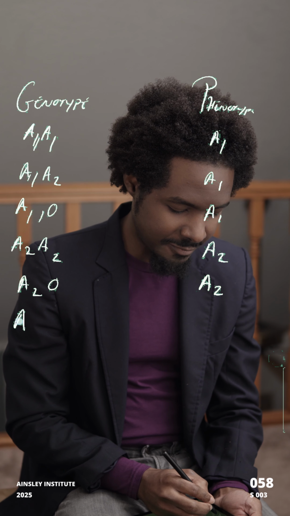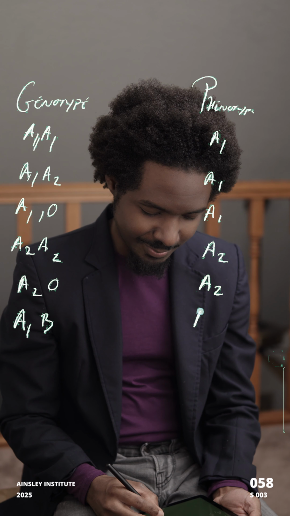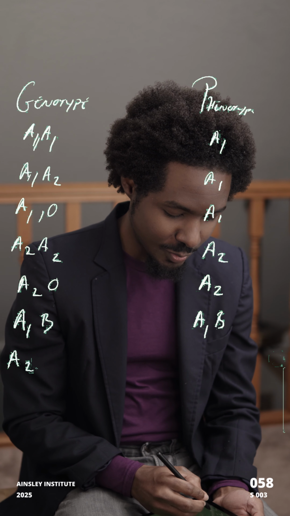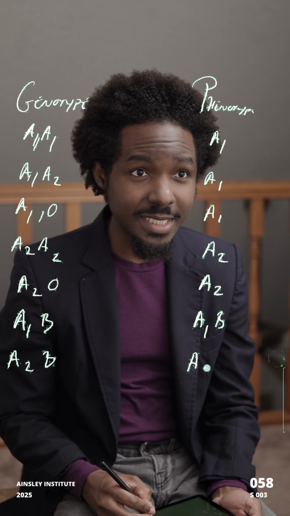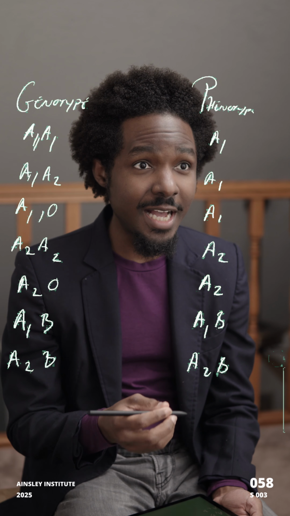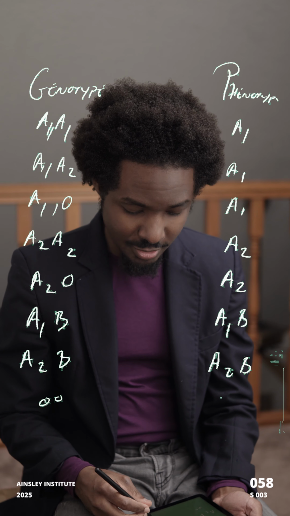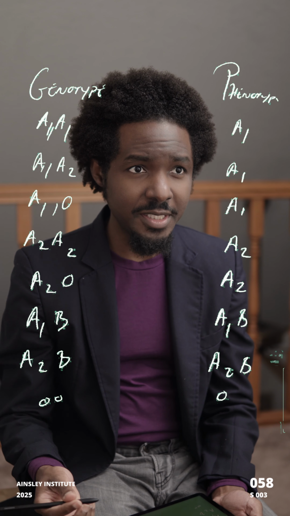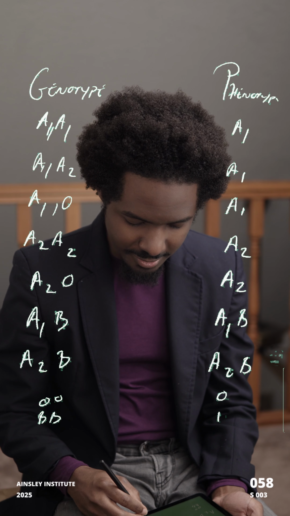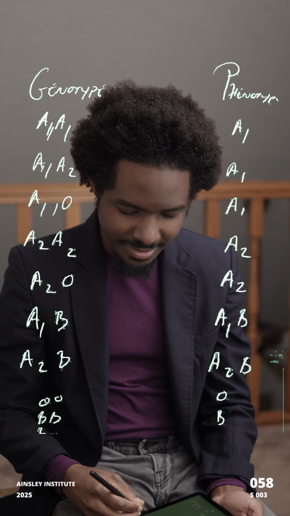So if we have A1 and a B, we can expect an A1B individual. If we have A2 and a B, we can expect an A2B individual. All right? And if we have a genotype in which there is OO, we're expecting O. It's simple. For the phenotype, if we have BB, we're going to expect B. If we have BO, we're going to expect B.